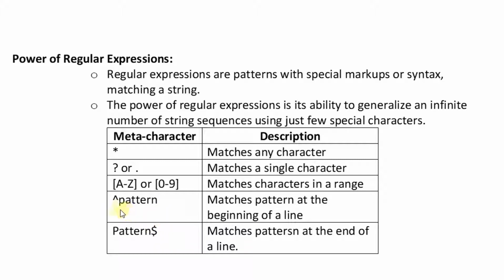So this means that you are requesting those lines or rows in a file that start with a certain pattern. You can also request those lines and rows in the same file or another file or a collection of files that end with a pattern.